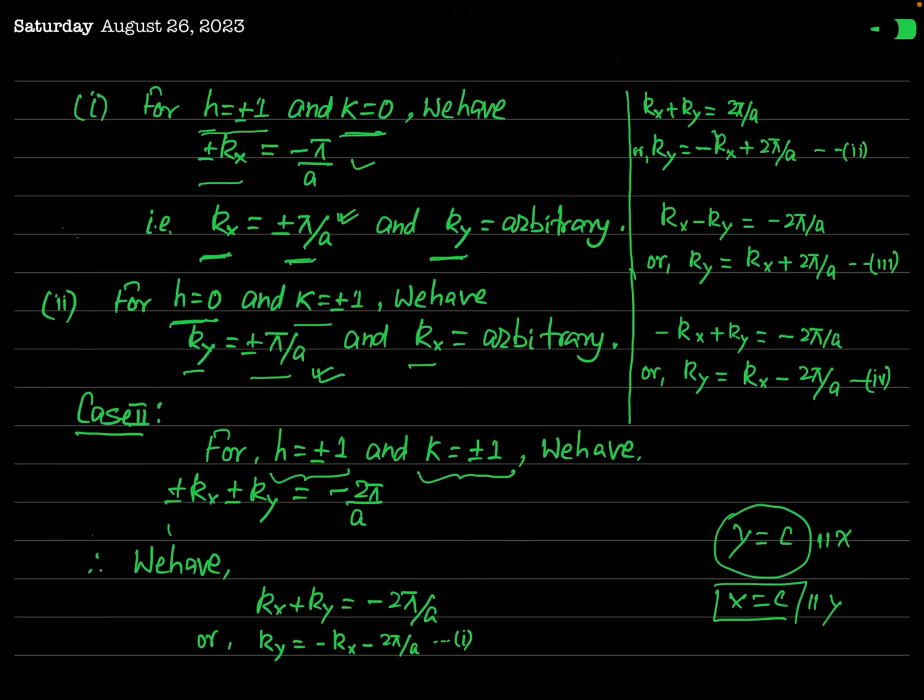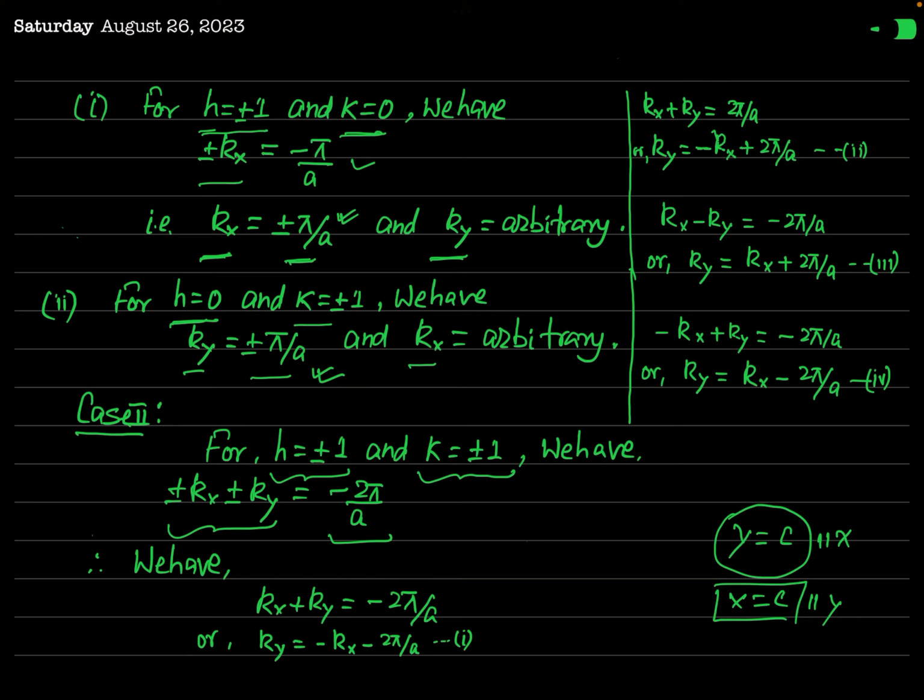So our result is plus minus kappa x plus minus kappa y equal to 2 pi by a. Okay. Now we can have the four equations again. Actually, this equation represents the four equations by taking the proper sign.